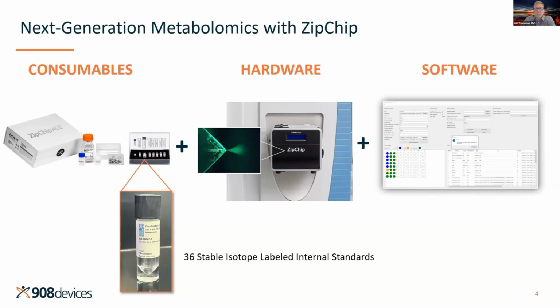What we're working to do here at 908, in the group that I work in, is couple the hardware, which we've been making for some time, with some novel new consumables and software in order to round out the portfolio of end-to-end workflows. The partnership with Cambridge has been very nice so far, and I've worked with them to develop a 36 component stable isotope mixture, which we've shown here on the slide.